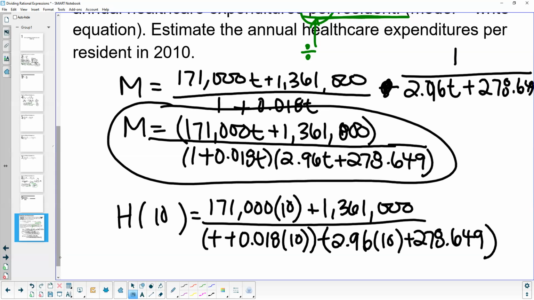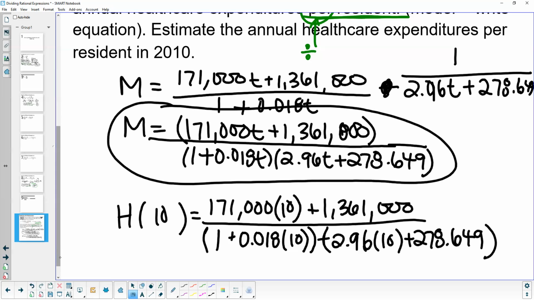And that whole thing is going to be divided by 1 plus, sorry, this down here is a 1. Sometimes my pluses get squeezed in there. 1 plus 0.018 times 10 times 2.96 times 10 plus 278.649.